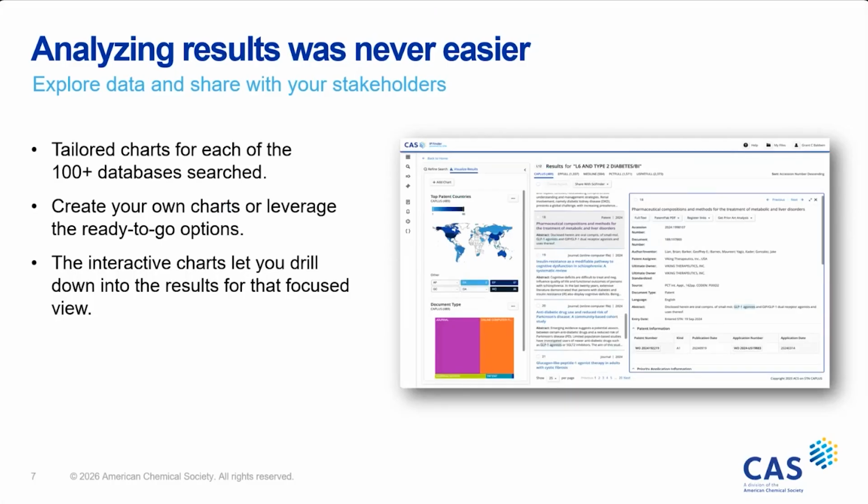This allows you to choose a variety of chart formats and different display formats for the chart. And you can select a variety of field codes and whether you wish those to be presented in ascending or descending fashion, for example. This is really nice to allow you to drill down into your results and maybe develop a deeper understanding of what you are looking at within that result set.